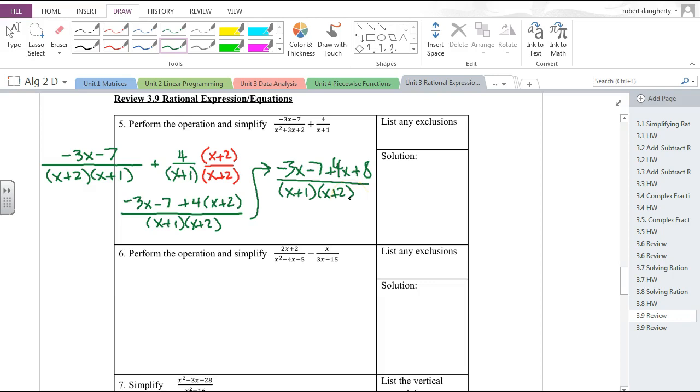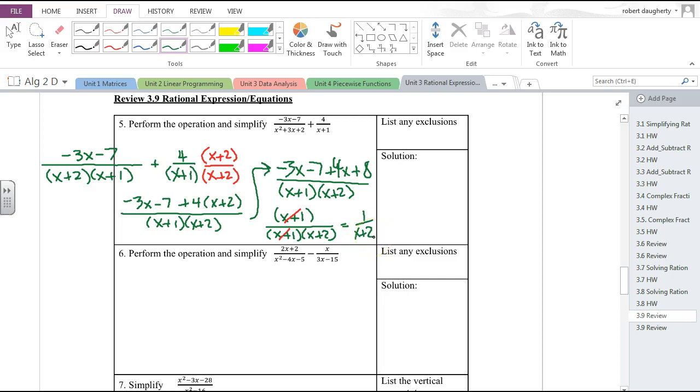So 4x minus 3x, that is x. 8 minus 7 is 1. This is x plus 1 over x plus 1, x plus 2. X plus 1 divided by x plus 1 is 1. So this answer is simply 1 over x plus 2.